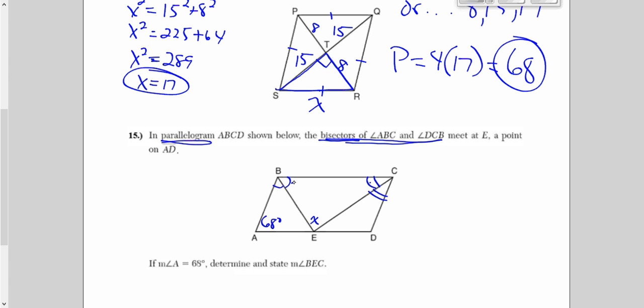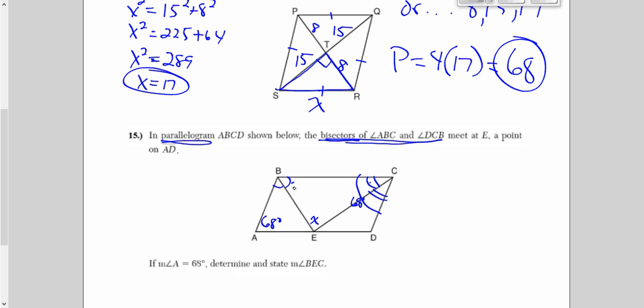Is this not 68? Okay, that's 68. And that angle has also been what? It's been bisected, okay? So really think about that. Now you're going to need to think of a way to get after this angle here, knowing what you know about parallelogram angles.